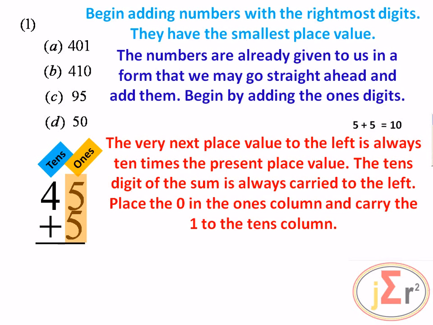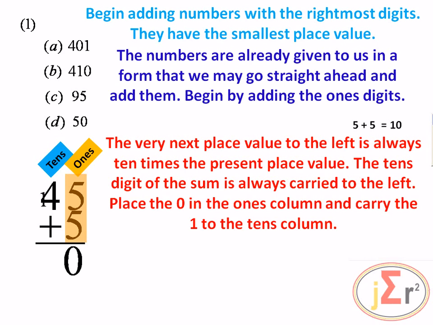The tens digit of the sum is always carried to the left, because to the left we have the place values that are 10 times the present place values. Place the 0 in the ones column and carry the 1 to the tens column.